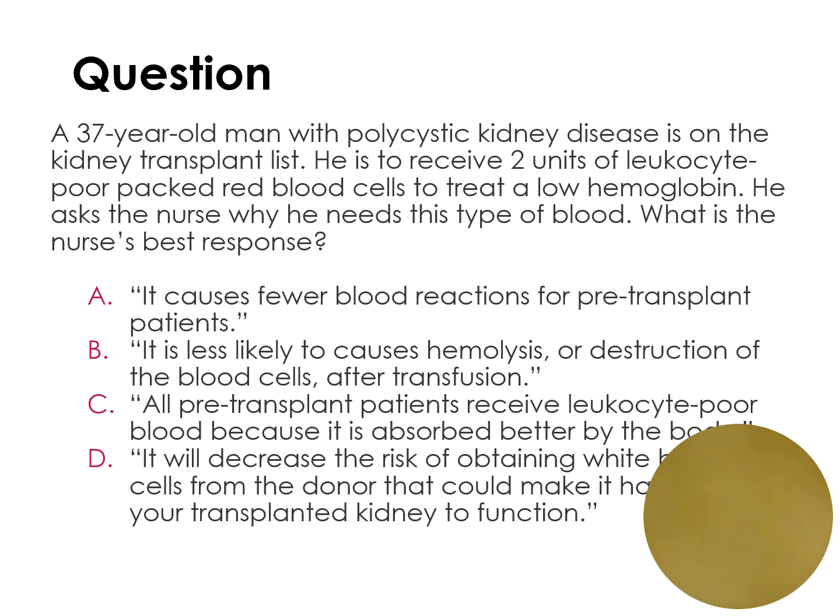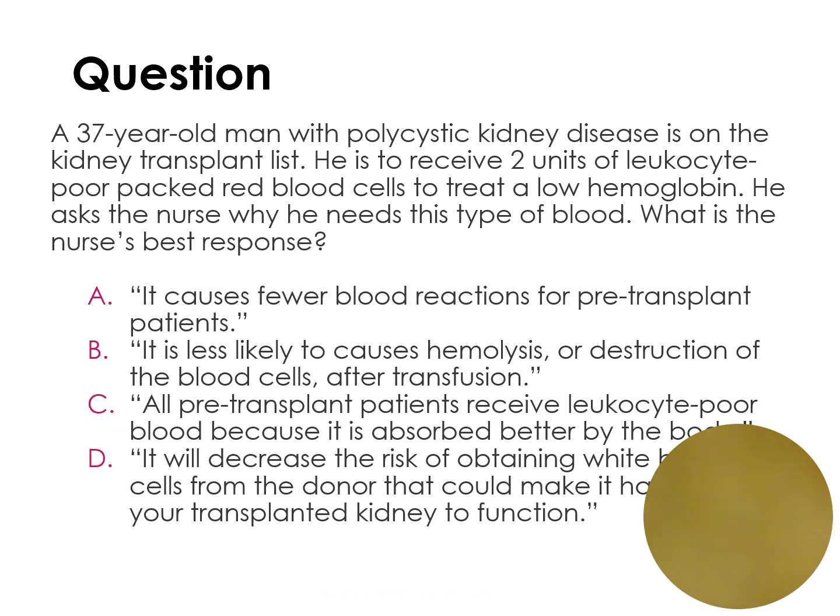Another question. A 37-year-old man with polycystic kidney disease is on the kidney transplant list. He is to receive 2 units of leukocyte-poor packed red blood cells to treat a low hemoglobin. He asks the nurse why he needs this type of blood. What is the nurse's best response? Is it that it causes fewer blood reactions for pre-transplant patients?